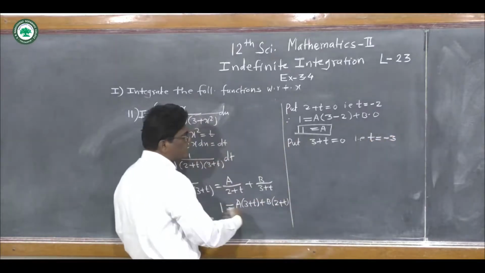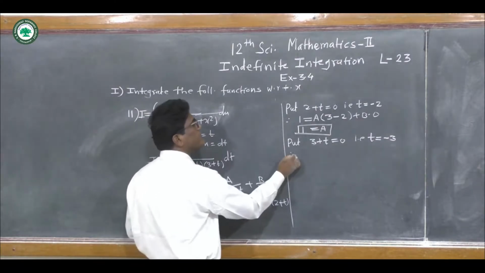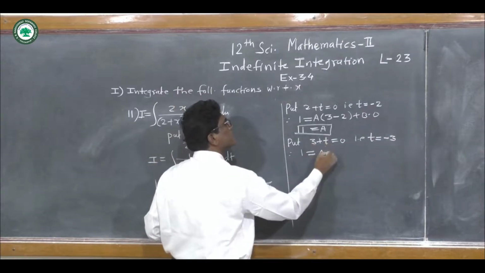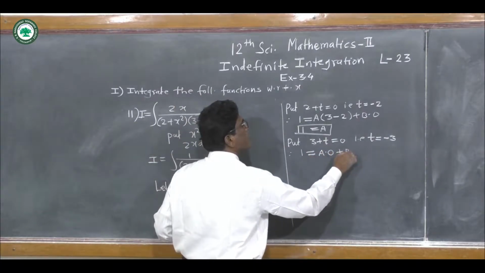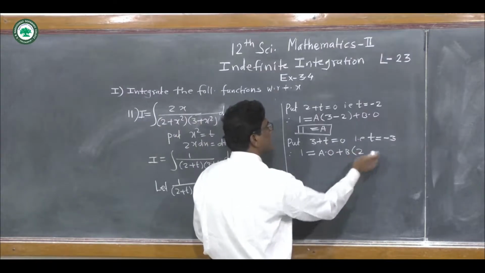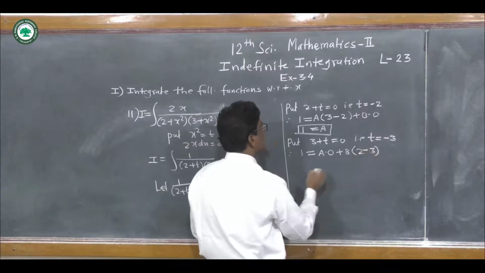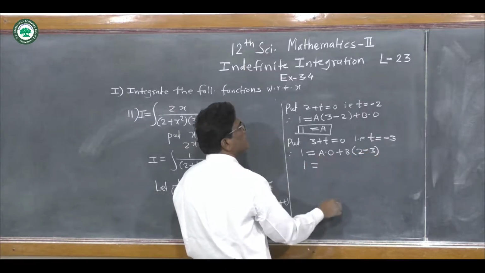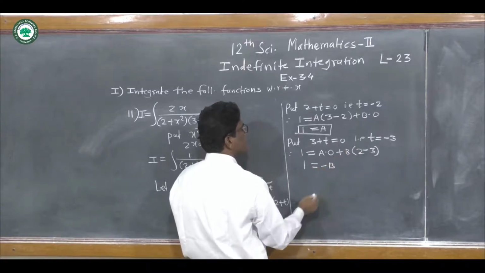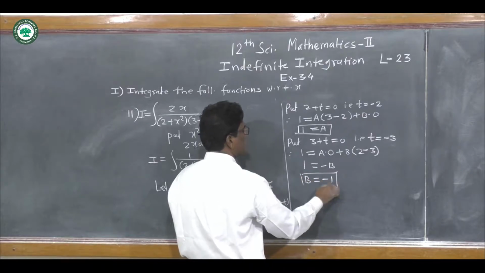In this equation we put t is equal to minus 3, and therefore we get 1 is equal to a into 0 plus b into (2 plus t), and here t is minus 3, so 2 minus 3 is minus 1, into b, minus b. So we get b is equal to minus 1.